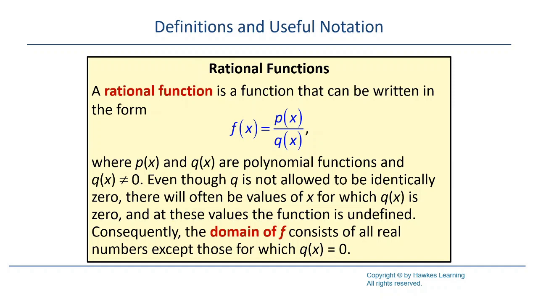Specifically, a rational function is of the form p of x divided by q of x, where p of x and q of x are both polynomials. And to no one's surprise, you can't let q of x be equal to 0. It says specifically here that it cannot be identically 0, which is a fancy way of saying just don't let it be equal to 0.